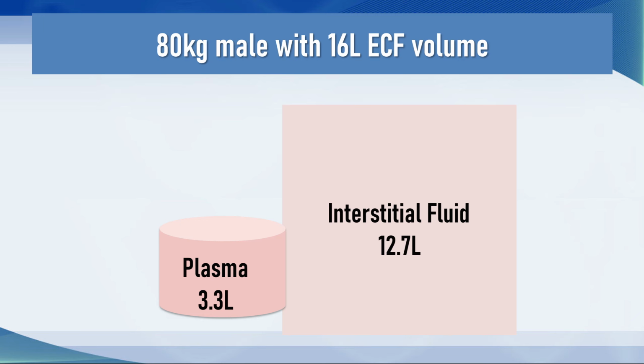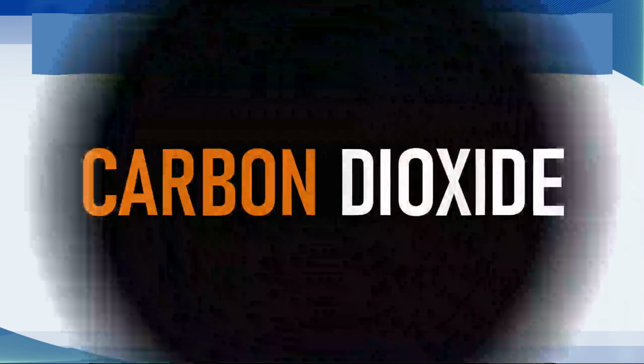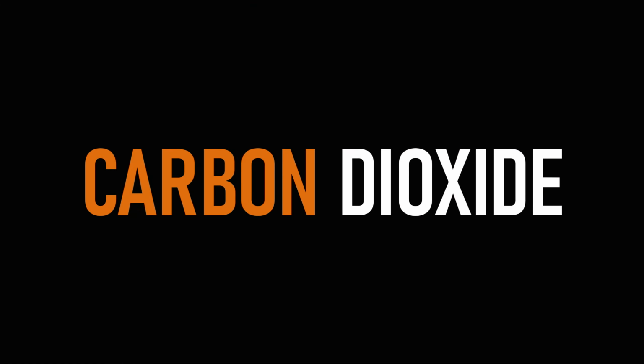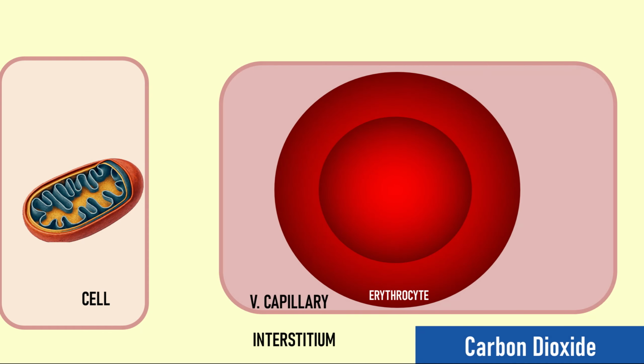The main waste product of the body that is generated by cells is carbon dioxide. So for the rest of this tutorial, we're going to look at CO2 and how it dissolves in extracellular fluid and plasma. Almost all of the carbon dioxide in the body is produced by oxidative metabolism in the mitochondria.